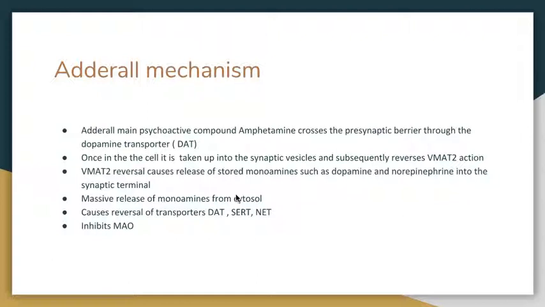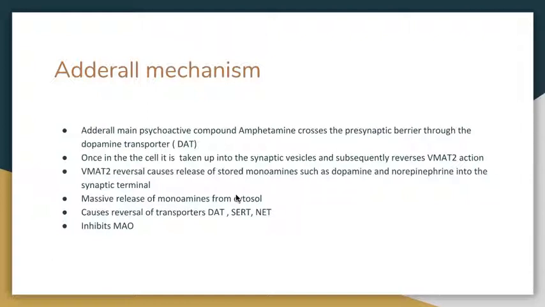Another mechanism by which amphetamines work is they cause a reverse action of the serotonin reuptake transporter, SERT, the norepinephrine transporter, NET, and the dopamine one, the DAT pumps. Typically these pumps cause a reuptake of the monoamines from the synaptic cleft back into the presynaptic neuron.